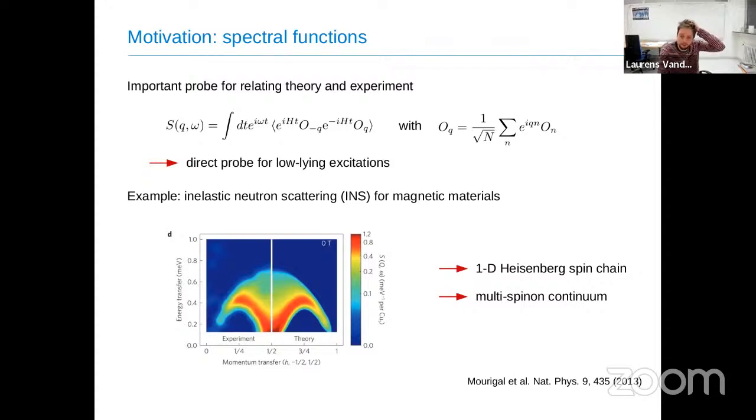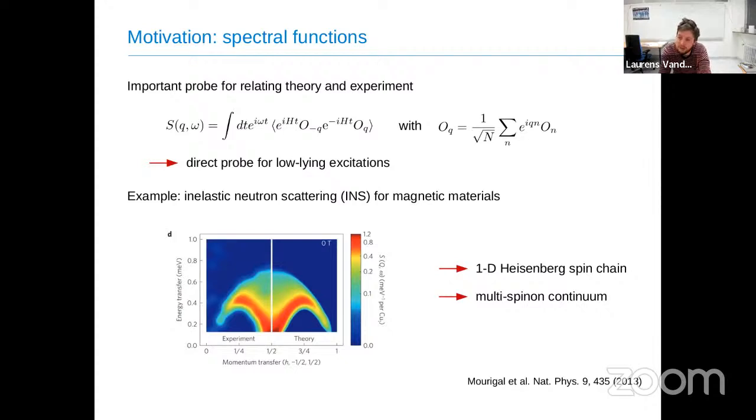A very beautiful example of how theory and experiment can relate by looking at the spectral function is a study done on the one-dimensional Heisenberg spin chain, where they did experiment and theory, and they saw this very nice correspondence. For the 1D Heisenberg spin chain, you can use integrability or the Bethe ansatz to do this theoretical evaluation of the spectral function.